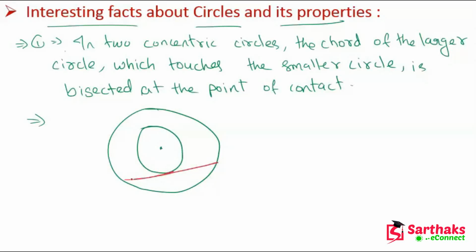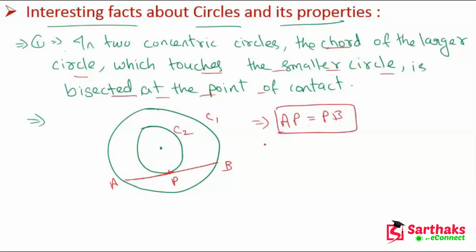This is a chord of circle C1, which touches circle C2. This is point A, this is point B, and this is point P. The chord is bisected at the point of contact, which is P. So we can say that AP is equal to PB. This is the property of the circle.